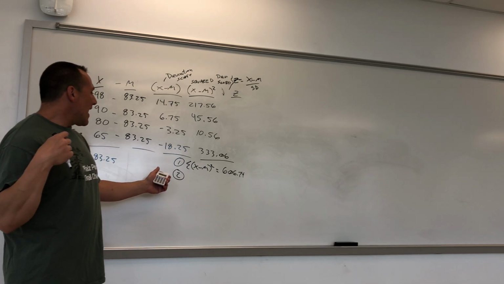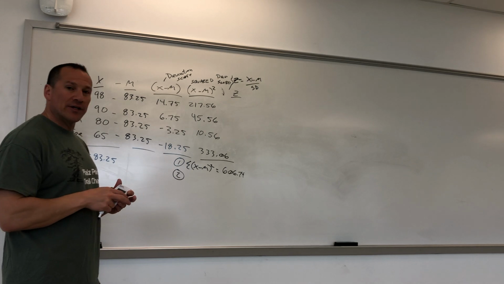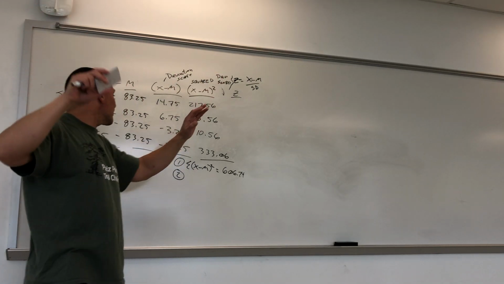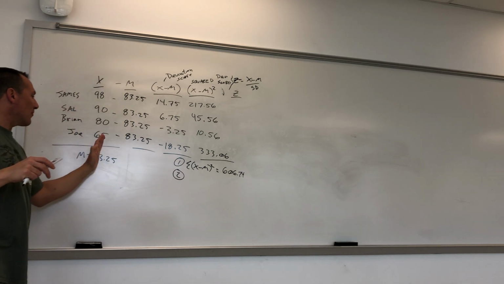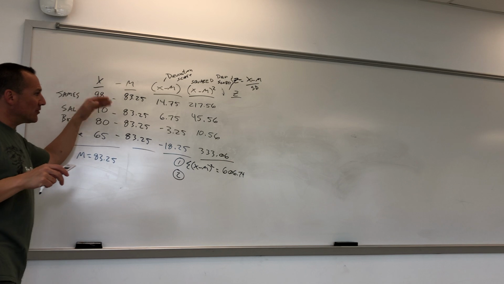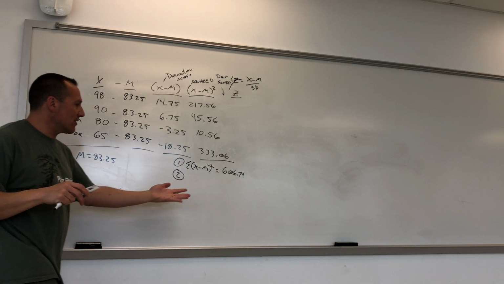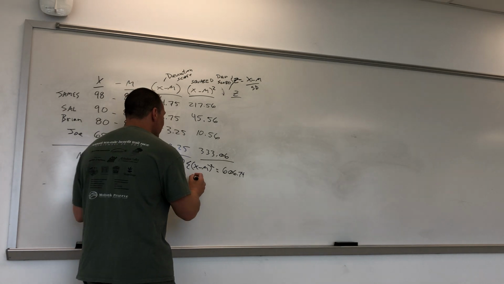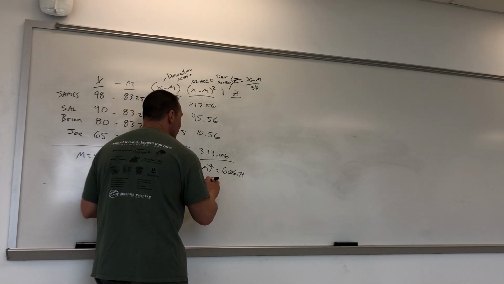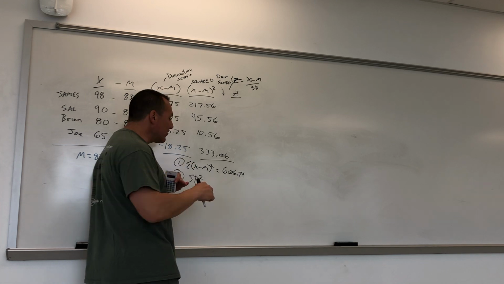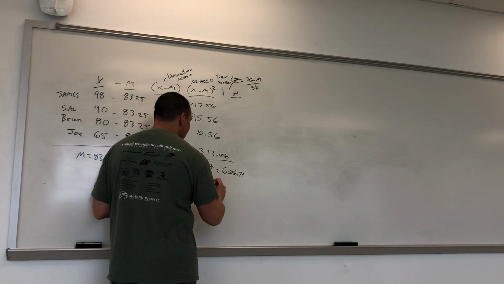Okay, so after I get my sum of the squared deviation scores, you remember there's a problem with that because that's in the world of squared numbers. It's not comparable at all to the scale that we started in. It also doesn't take into account the number of scores that we have, so it's kind of just a number without much meaning right here. So the next thing we're going to do is SD squared. SD squared is essentially the variance, the average of the sum of the squared deviation scores.